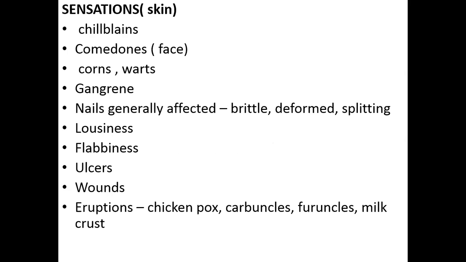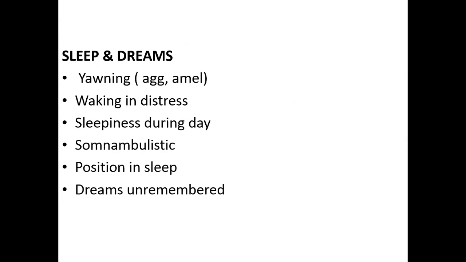Now sensations, skin, chilblains, comedones in face, corns, warts, gangrene, nails generally affected, brittle, deformed, splitting, lousiness, flabbiness. Lousiness is very important. Flabbiness, ulcers, bones, eruptions. In eruptions, chickenpox, carbuncles, furuncles, milk crust.